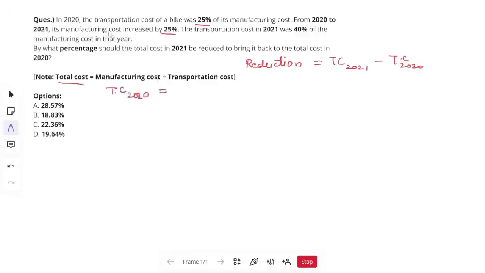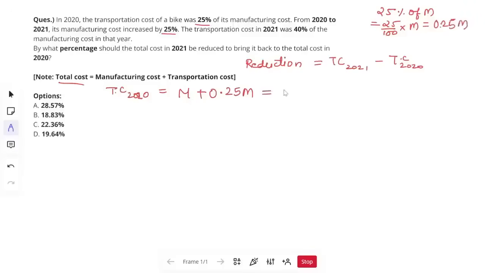The manufacturing cost in 2020 is not given, so let's suppose it to be M. Because it is given as 25% of manufacturing cost, and directly the manufacturing cost is not given, we are considering it M. Then 25% of M can be written as 25 divided by 100 into M, and further as 0.25 M. So that is how I've directly taken it as 0.25 M. Now this is the total cost in 2020.